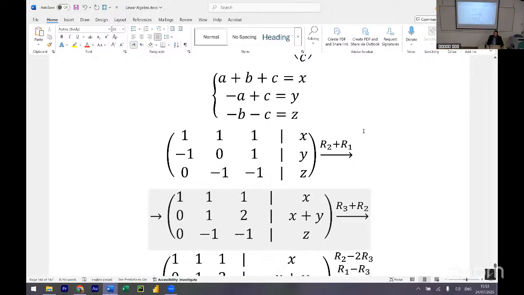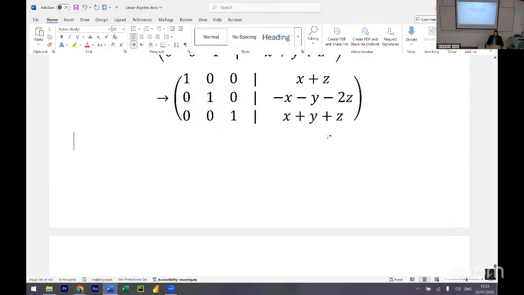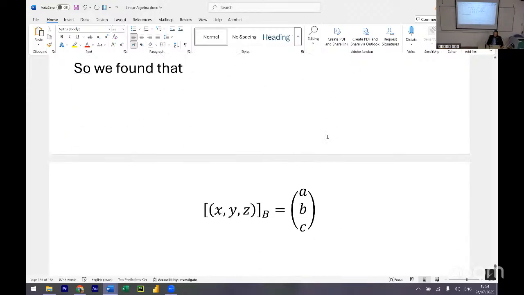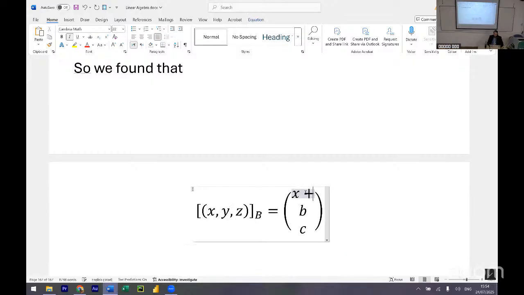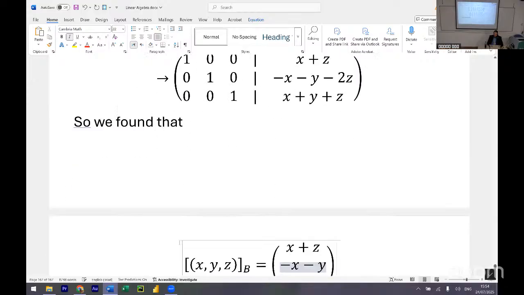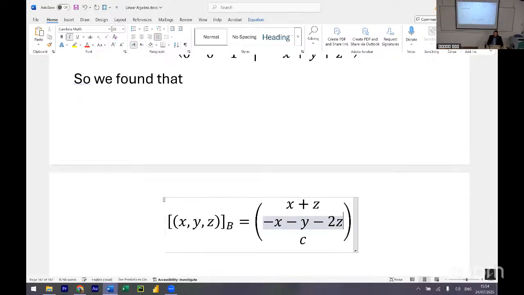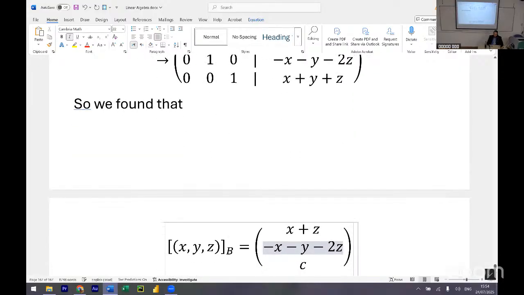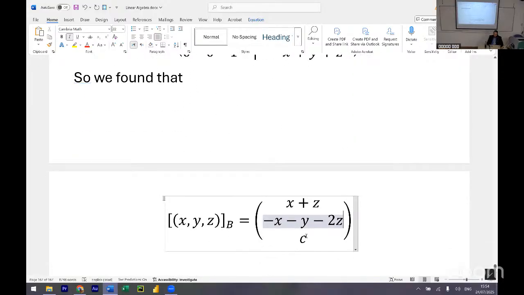So we found that this equals x plus z minus x minus y minus 2z and x plus y plus z.